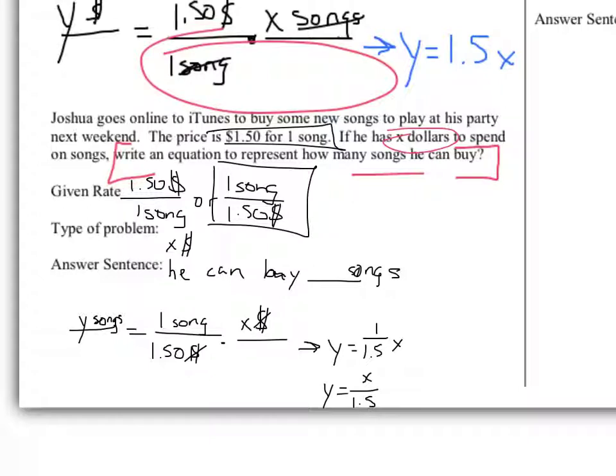This would be fine. We could also take 1 over 1.5, and if I multiply by 2 over 2, it is equal to 2 over 3. So we could also say that y is equal to 2/3 x.